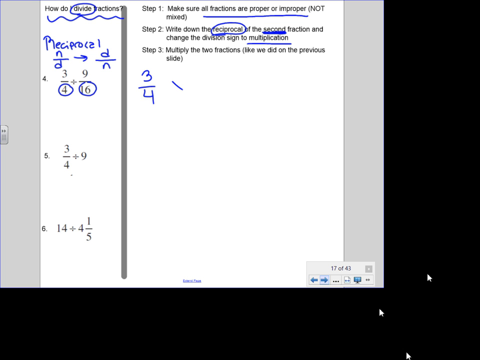I'm going to change my division to multiplication, and I'm going to write down the reciprocal of this second fraction. So that means I'm going to write down 16 divided by 9. Okay? Now it is exactly like multiplication. So now I can multiply my numerator by numerator and my denominator by denominator.